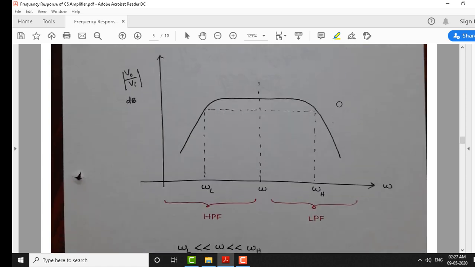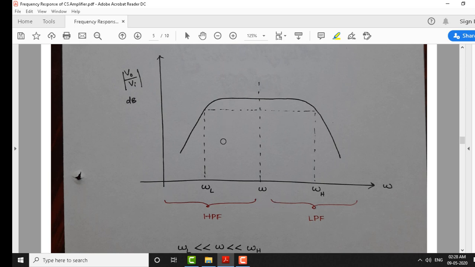So once again reiterating, this is the overall frequency response that we have discussed so far. It is a plot of gain in decibels versus the frequency in radians. We have analyzed separately the low pass filter behavior and high pass filter behavior.